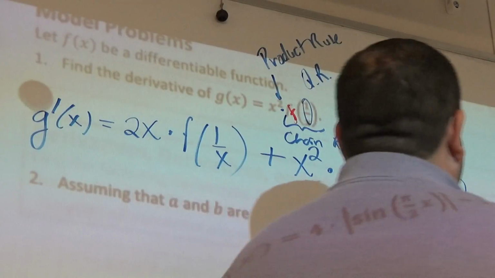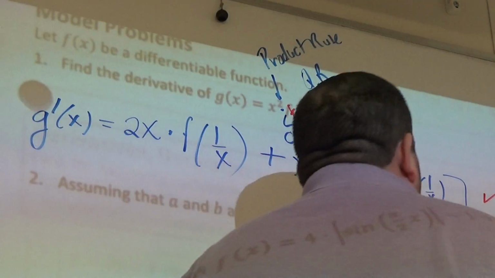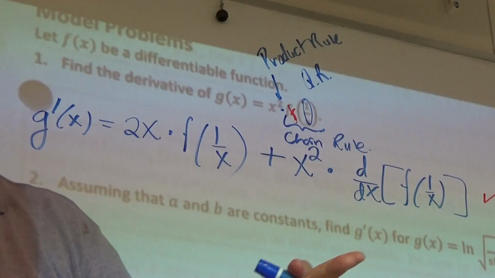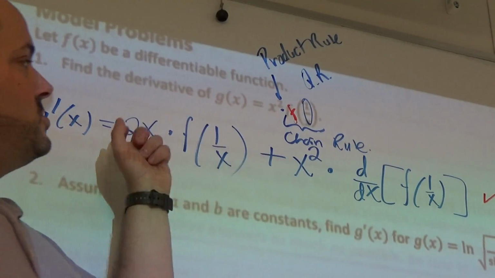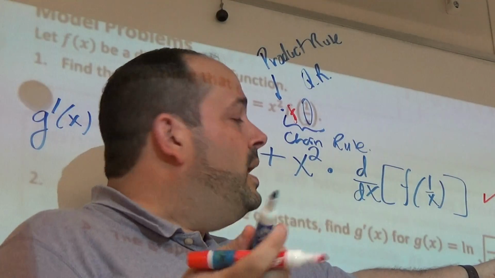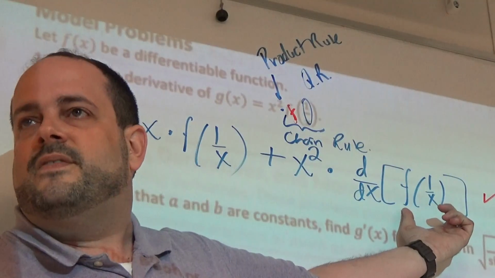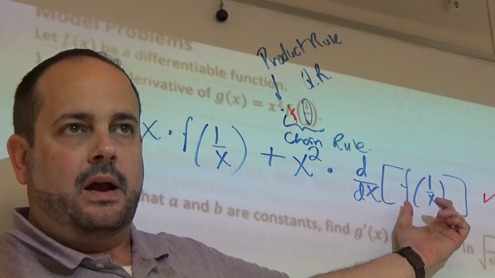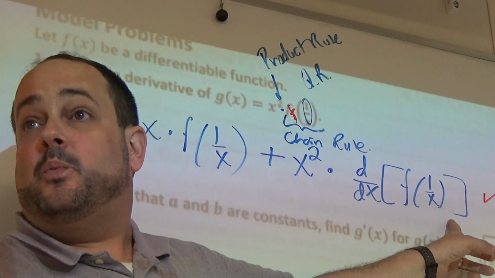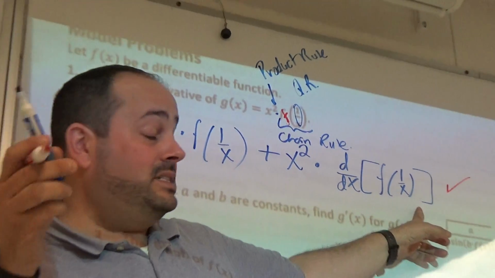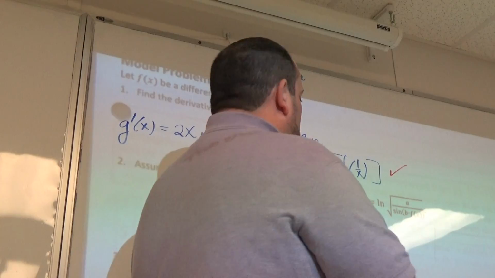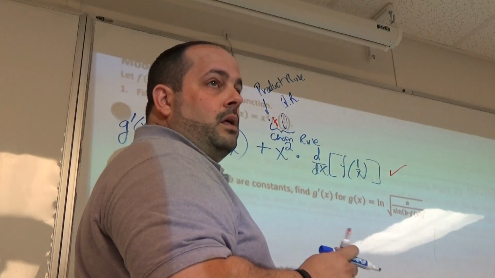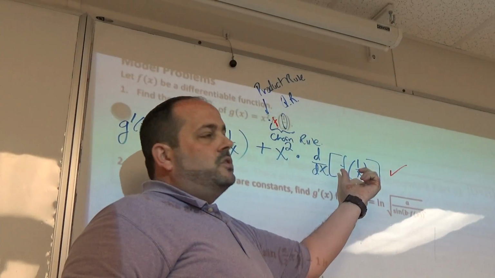The upside is, if we're looking at free response, I know I'm going to give you a point for knowing the product rule. You've demonstrated you understand the product rule. Now the question, what's the derivative of f of 1 over x? Careful, careful, careful. F of 1 over x. Chain rule says, David, what does the chain rule say? How would you find the derivative using the chain rule here?